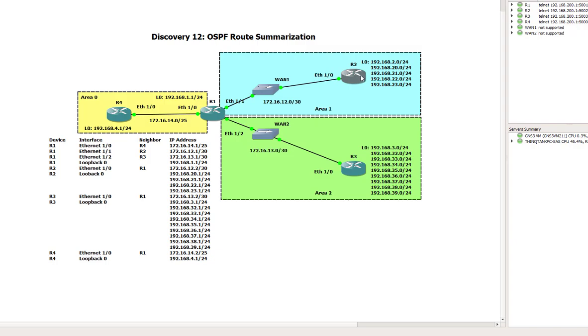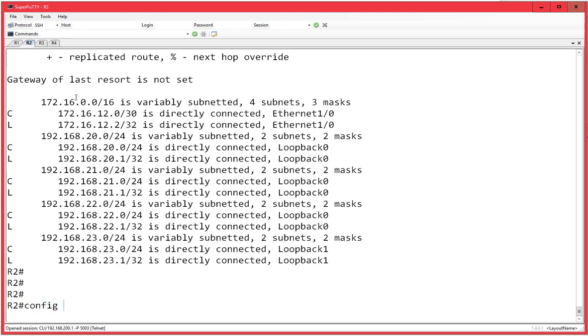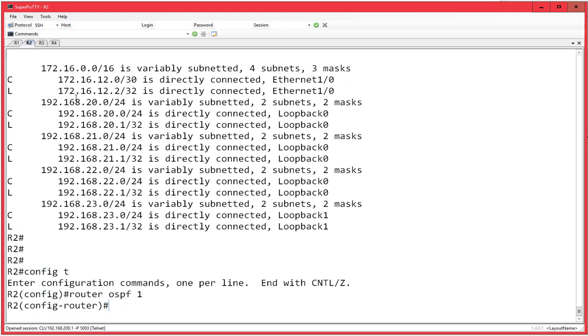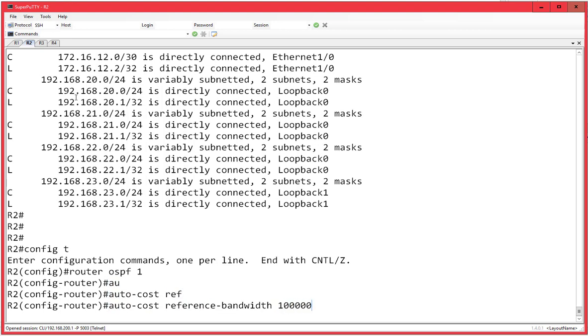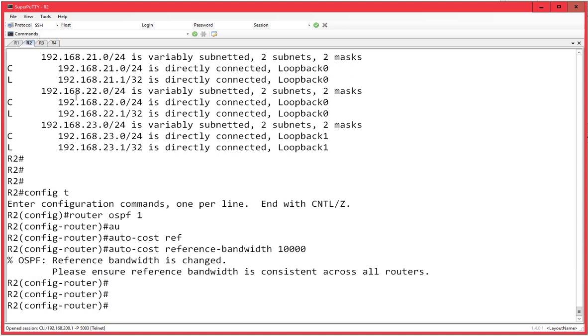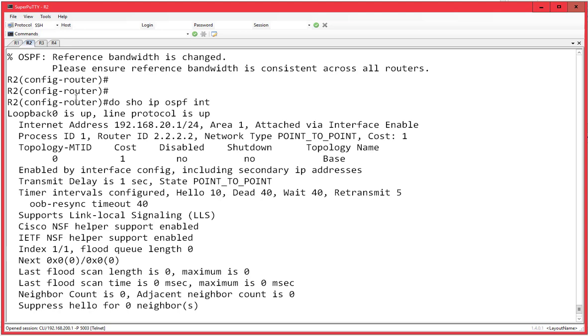So I'm going to have to change the reference bandwidth on router 2 to be able to affect the seed metric. Router OSPF 1, auto-cost reference-bandwidth, I'll do 10,000. So now if I do a show IP OSPF interface, I can see that the loopbacks still have a cost of 1.